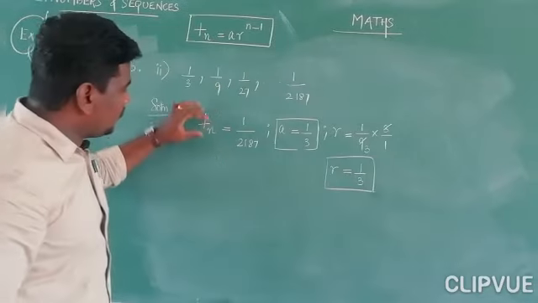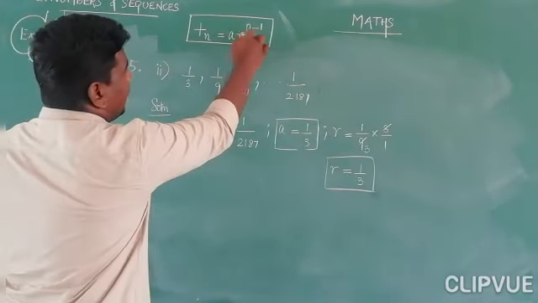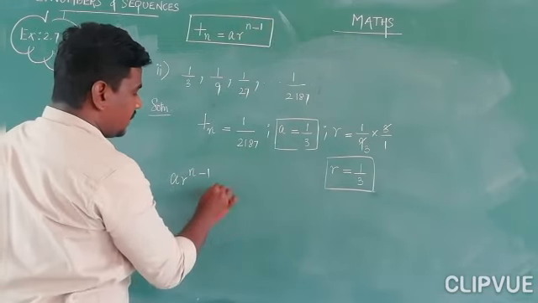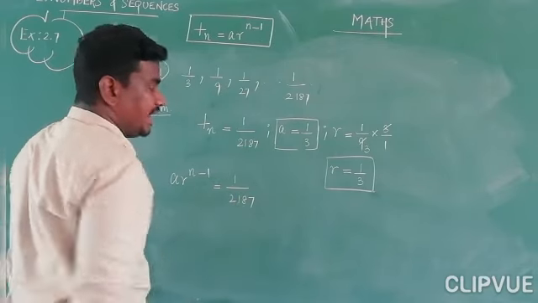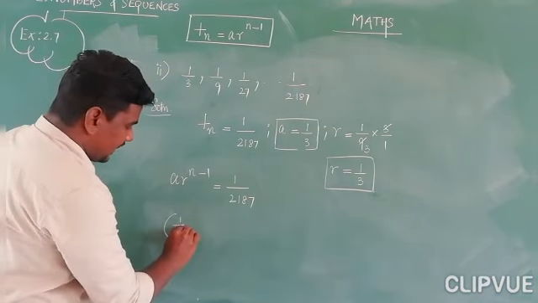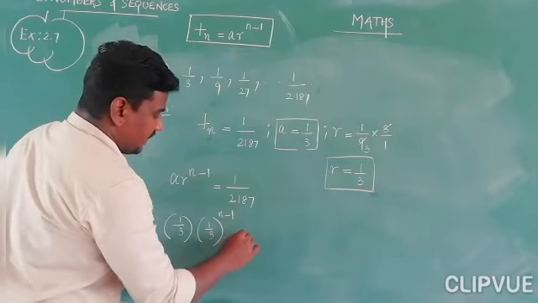Here I am going to find the unknown n. You know that Tn is equal to a r power n minus 1. If you replace, we get 1 by 2187. What is the value of a? a is equal to 1 by 3, and r is also 1 by 3, power n minus 1.